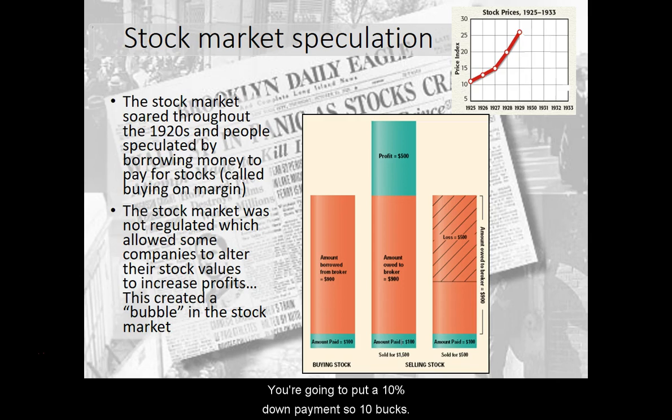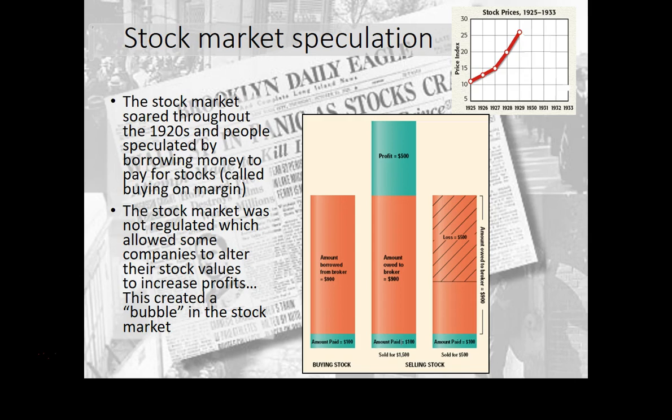You're going to put a 10% down payment, so $10, and then you're going to pay that off in payments, just like you would do with a car or an appliance or a radio. But the difference is a lot of people are watching those stocks so that when the price goes up a lot, they're going to sell that stock, make the profit, pay off their debts, and then do it again.